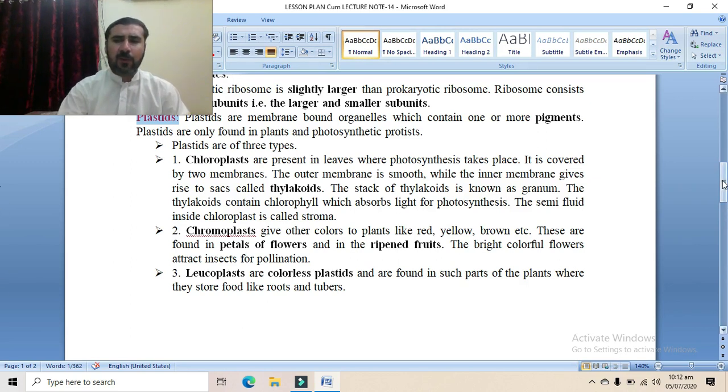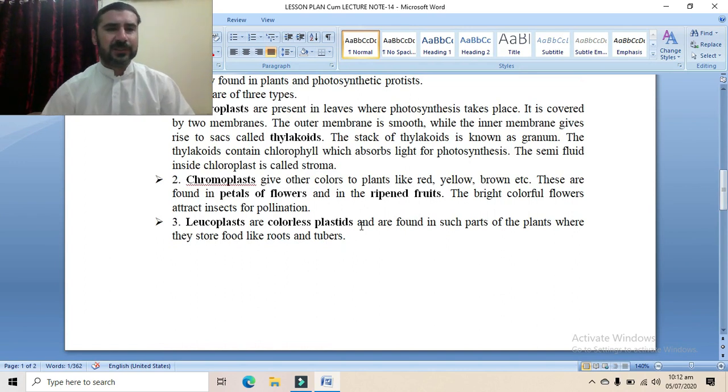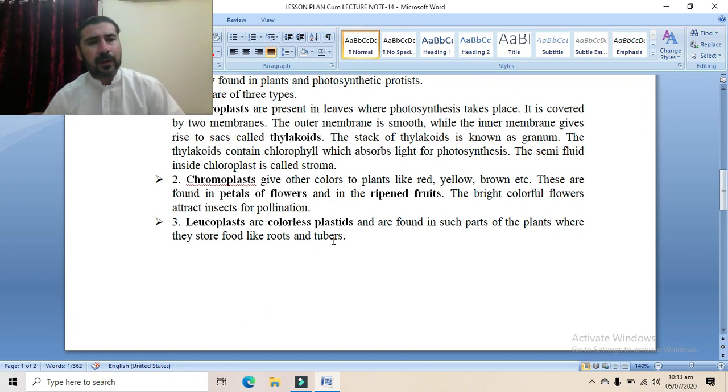The third type of plastid is the leucoplast. Leucoplasts are colorless plastids. They are found in such parts of the plants where storage occurs. They don't have any color. They are found in the roots and the tubers of the plants where food is stored.